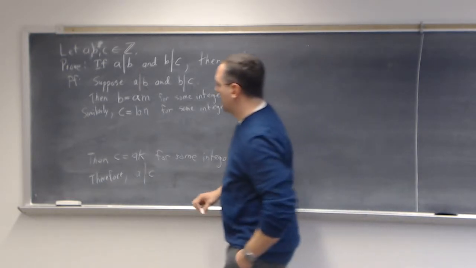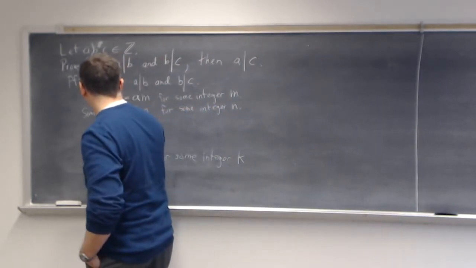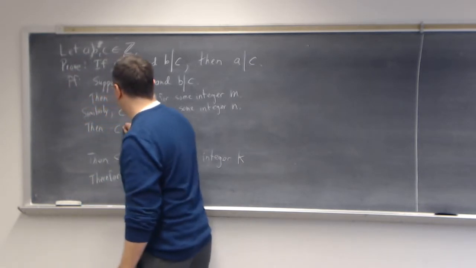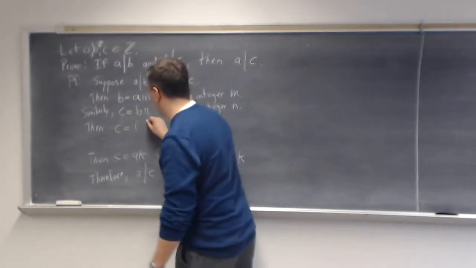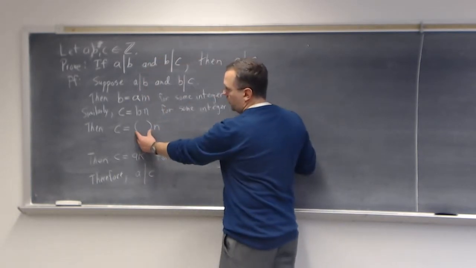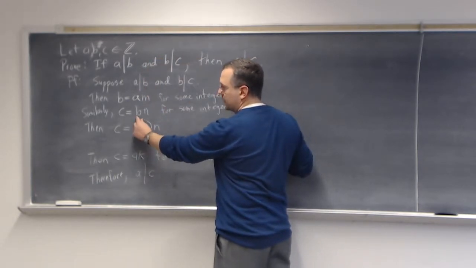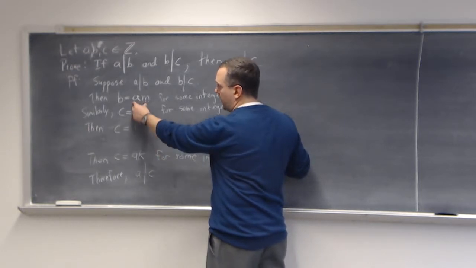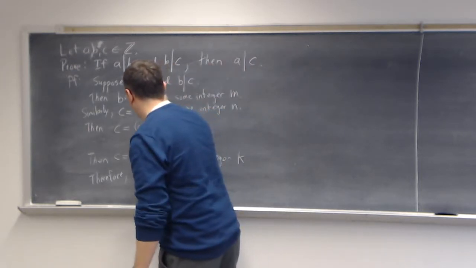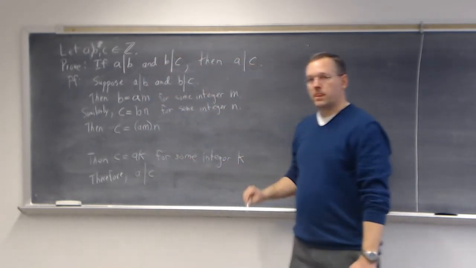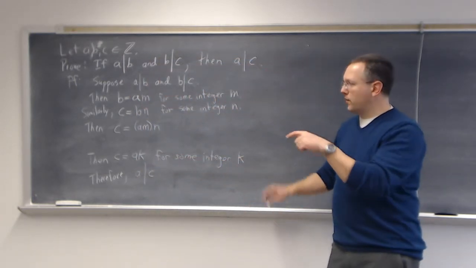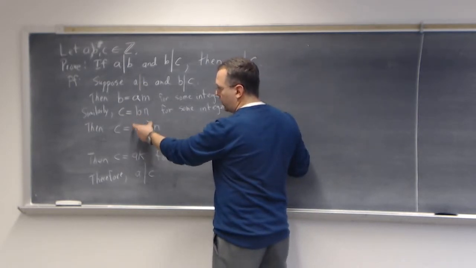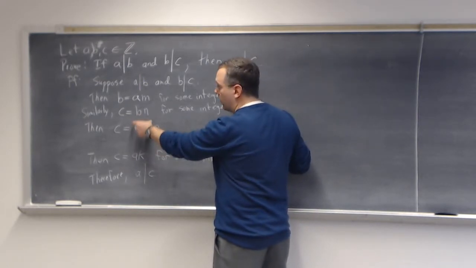Okay. So then C equals, and I'm going to have a set of parentheses here. I'm going to replace the letter B with an equivalent form, A times M. And by writing parentheses around it, it tells the reader that they did something here.